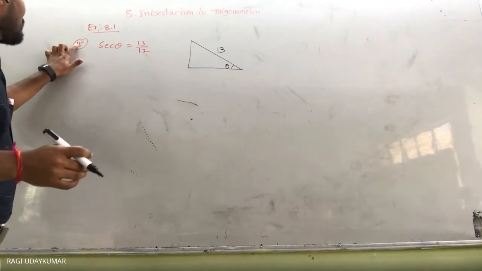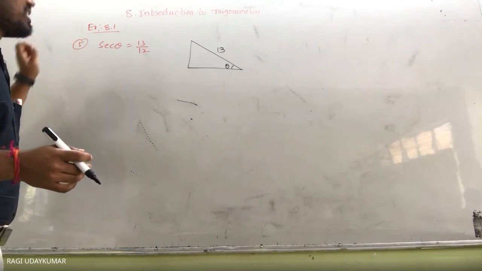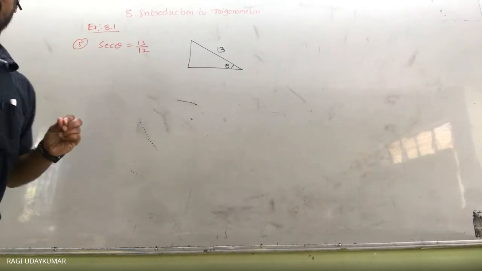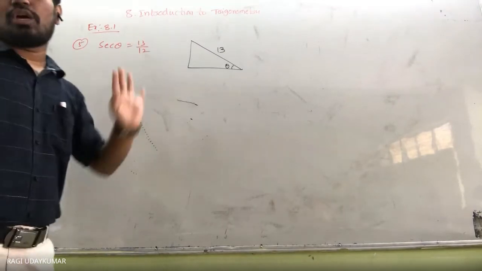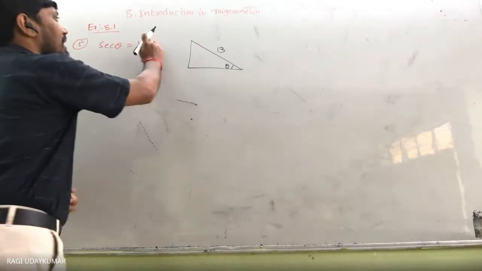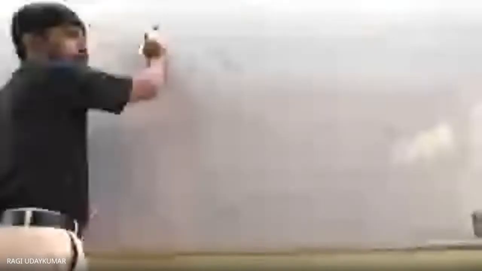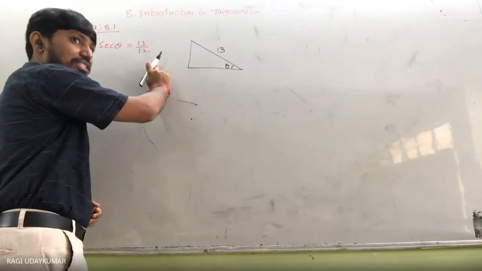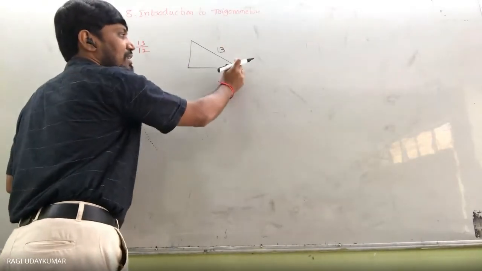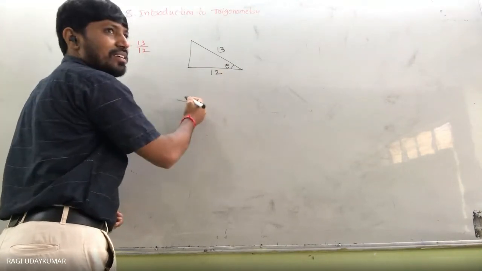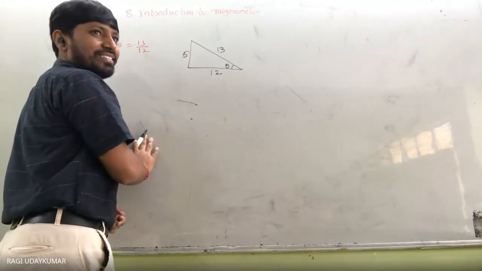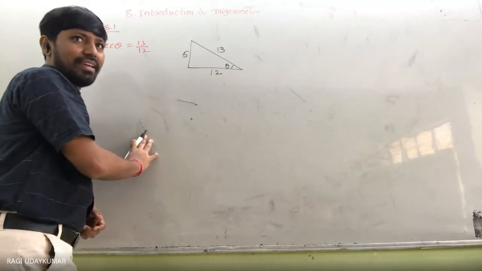Oh sorry, question number 5, not 15. Secant theta equal to 13 by 12. So hypotenuse is this one. What is the adjacent of theta? This side, this is 12. So this will be 5. 5, 12, 13, remember?